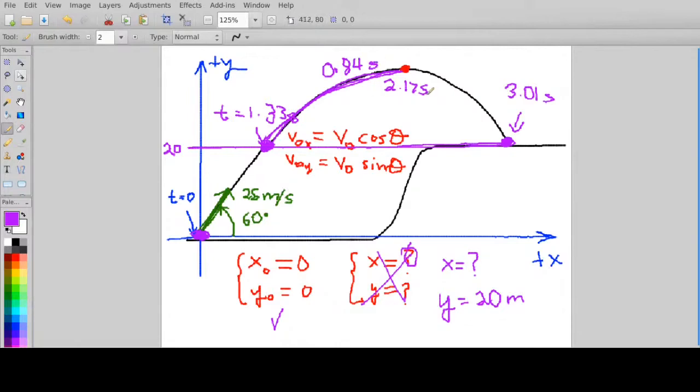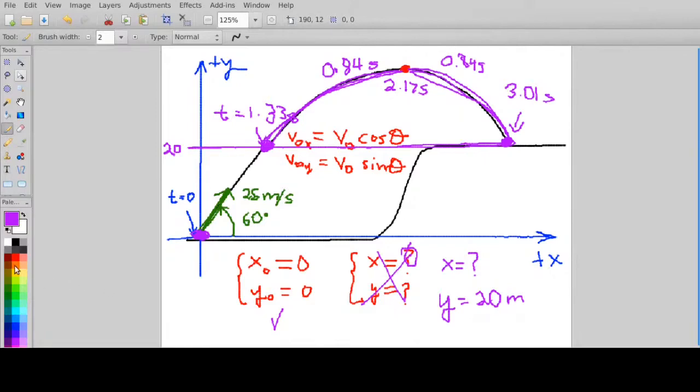That time is exactly the same as the time it takes to go from maximum height back down to the 20 meters. That's also 0.84 seconds, because as the thing goes up, it comes down in the same way that it went up. In other words, the parabola is totally symmetrical around the red dot there. Mine isn't because I didn't draw it so well, but that's the idea.